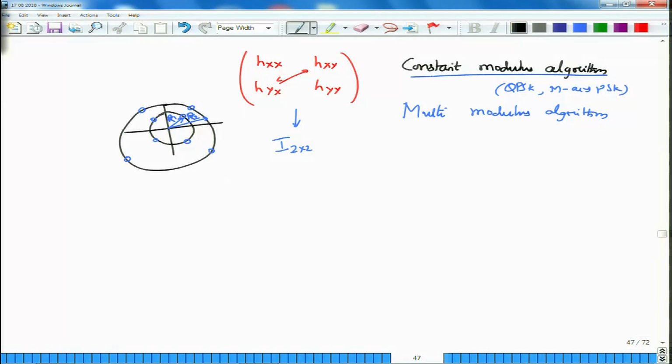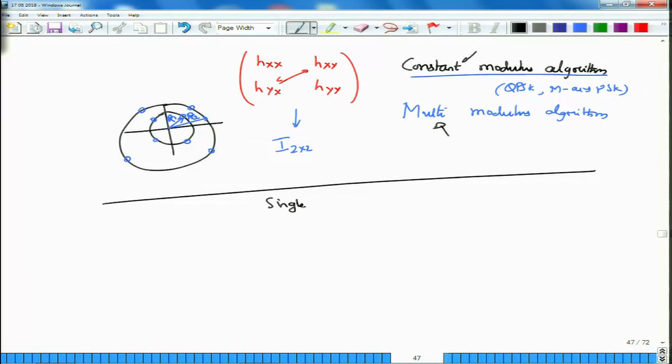We are going to say a little more about the constant modulus algorithm and multi-modulus algorithm later on, but for now let us assume that I am working with a single carrier, single polarization system.